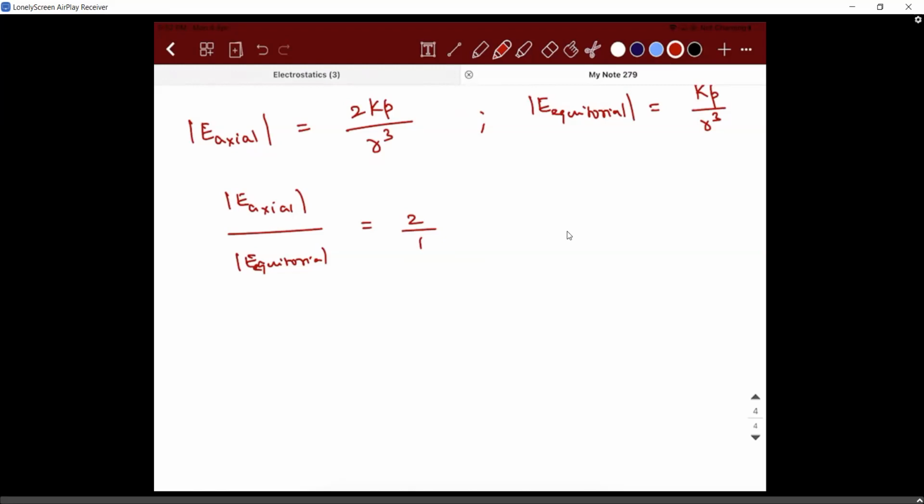Sometimes they'll give you the value of electric field along equatorial and ask you to calculate the electric field along axial. You just have to multiply it by 2. E axial is always twice that of equatorial. Correct?